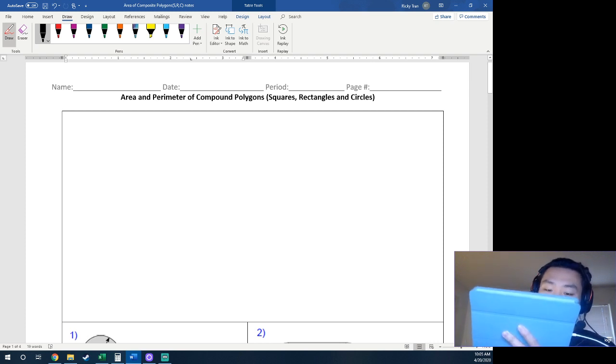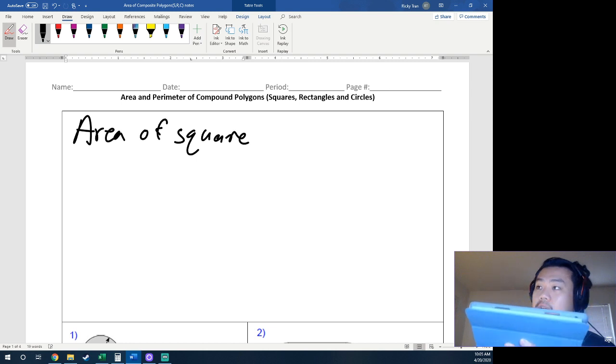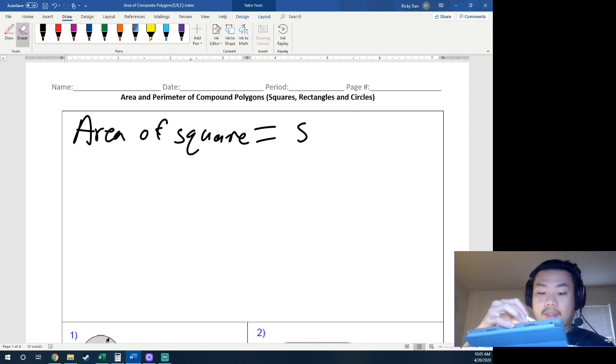All right, so area of a square is side squared, or side times side.